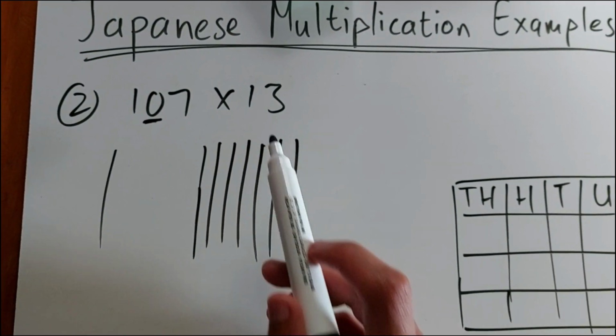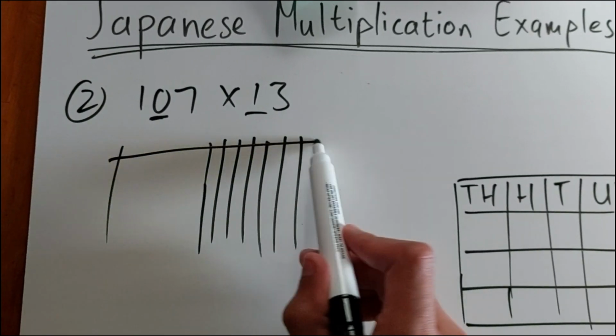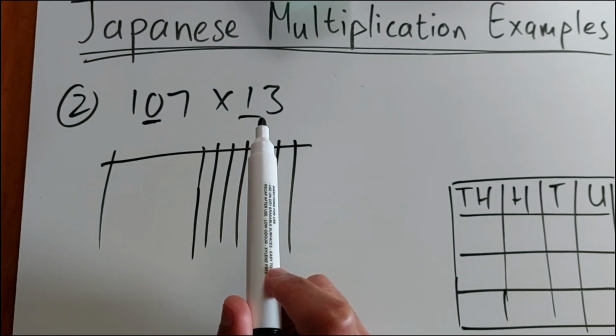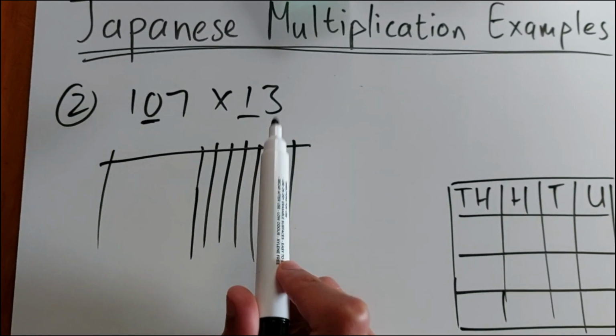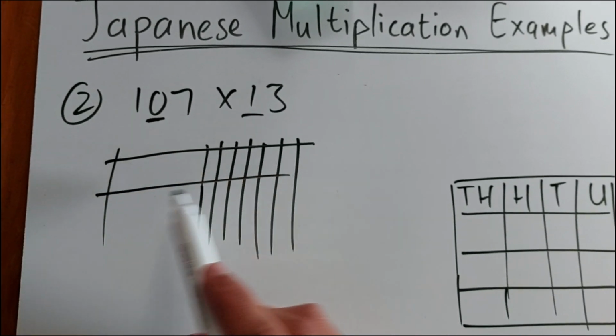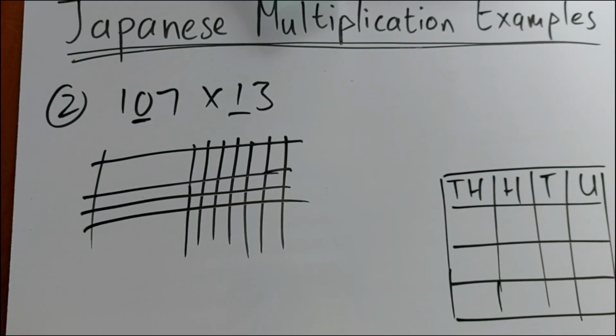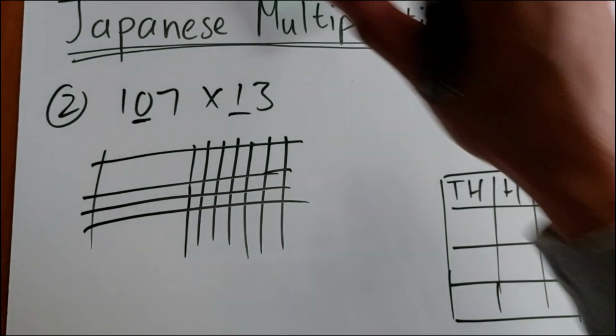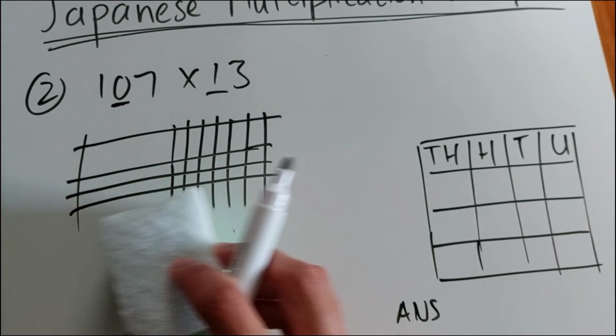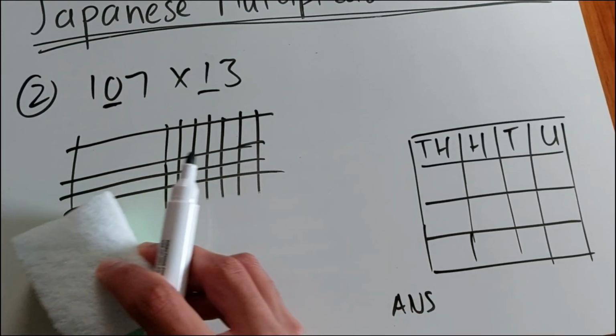Second number, first digit is 1. Second digit of the second number is 3. 1, 2, 3. So let me just make it neat.